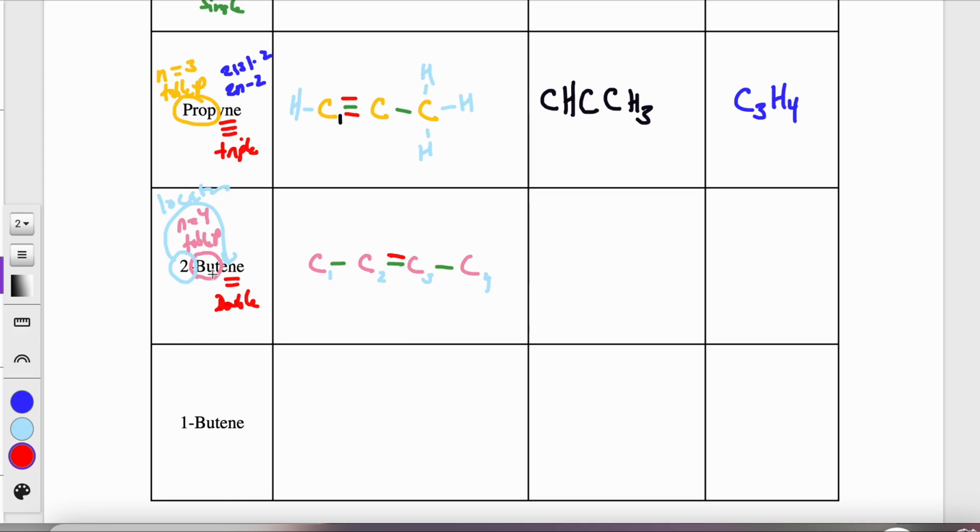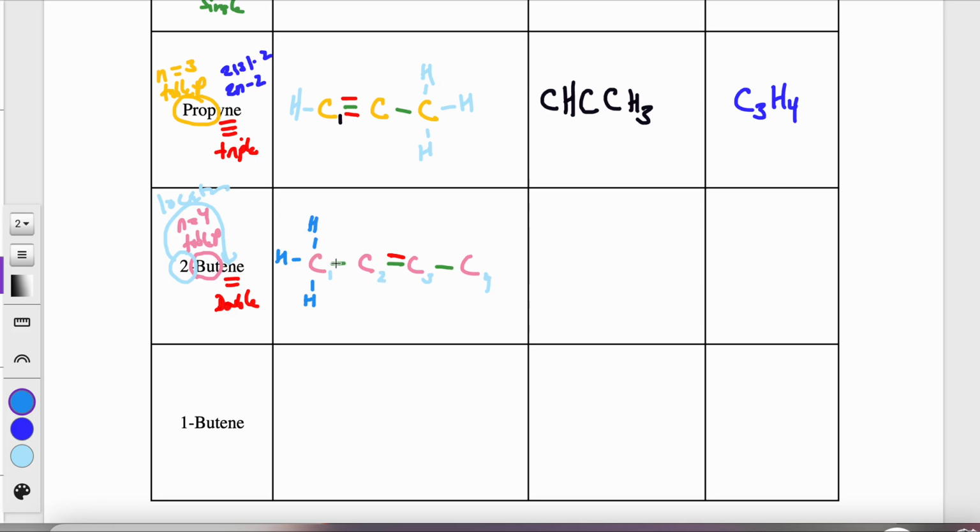So I have my 4 carbons. I have my double bond, and it extends from carbon 2 towards carbon 3. I have everything in the name, so now I need to finalize this structure with hydrogens. So my first carbon only currently has 1 bond, so I am going to add 3 hydrogens to it.